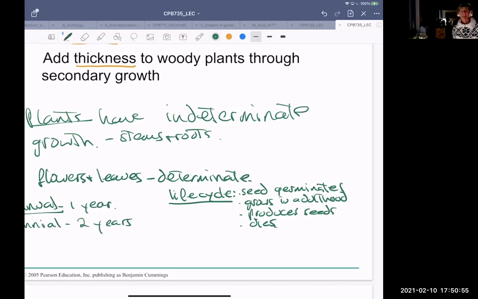Biennial plants often have 1 year of vegetative growth and 1 year of flowering. And then they die. So a local one is your salmonberry.